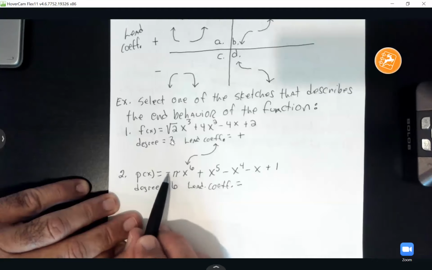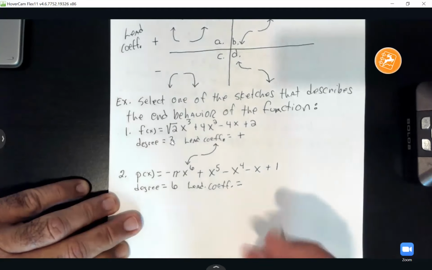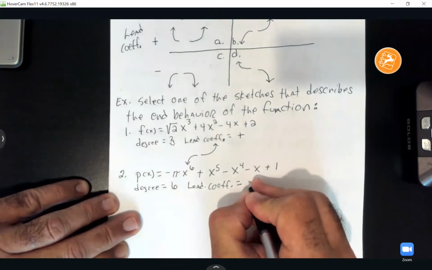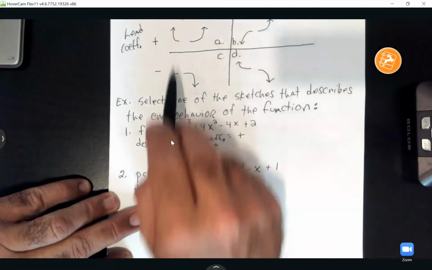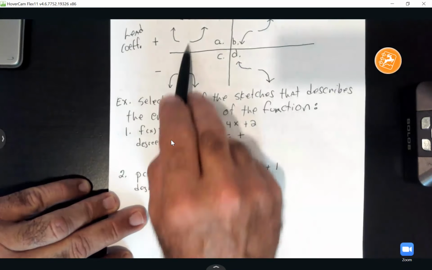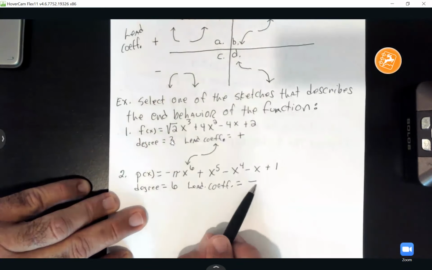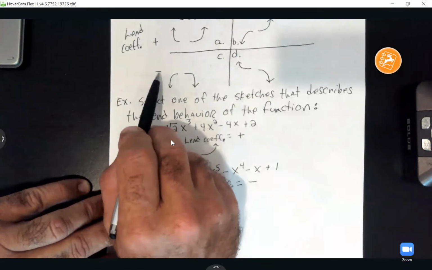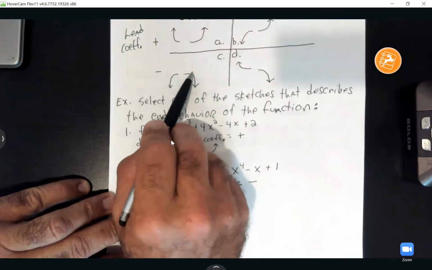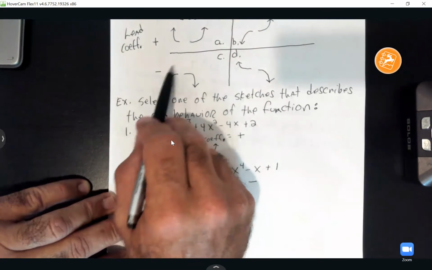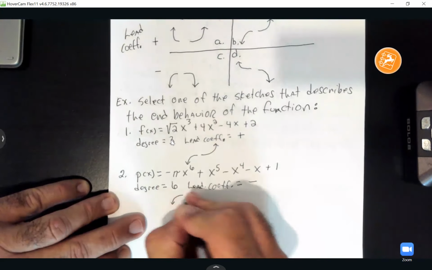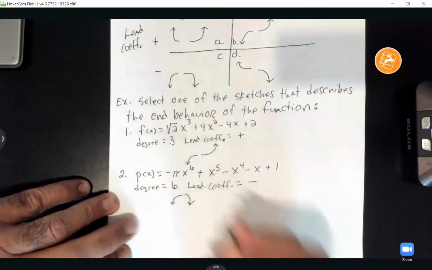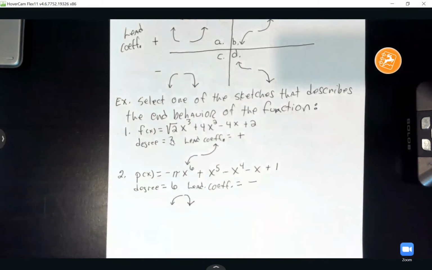And if you notice, there's a negative in front of the pi, so the lead coefficient is negative. So watch what we got. We got an even degree, which is going to be A and C here, with a negative lead coefficient. So it tells me if it's negative and even, both ends will go down in the long run. Okay?